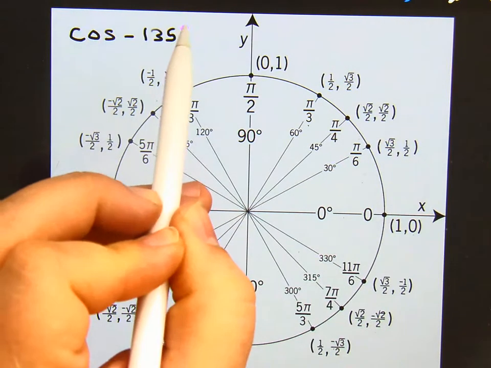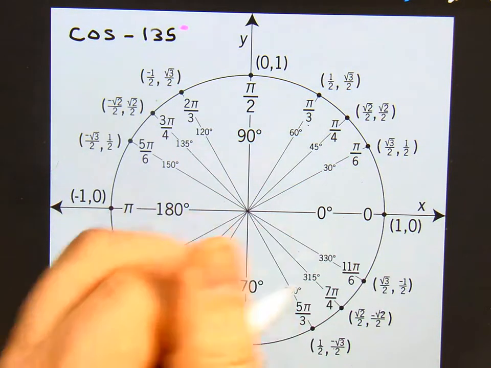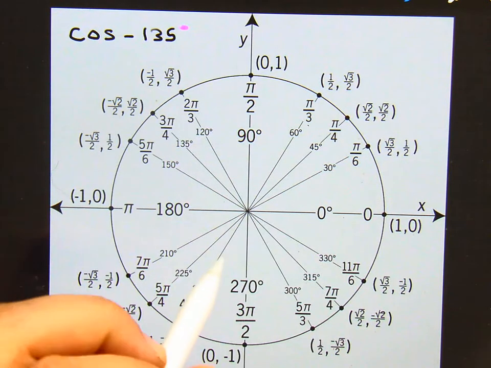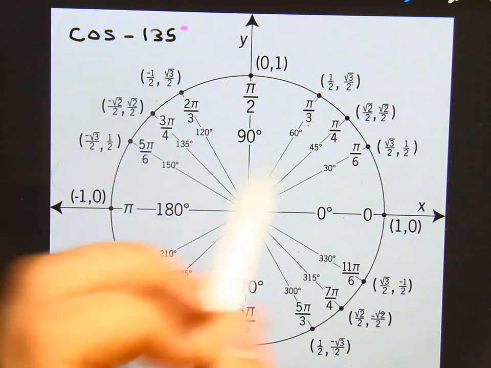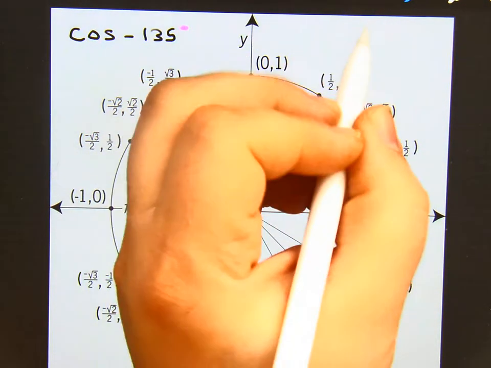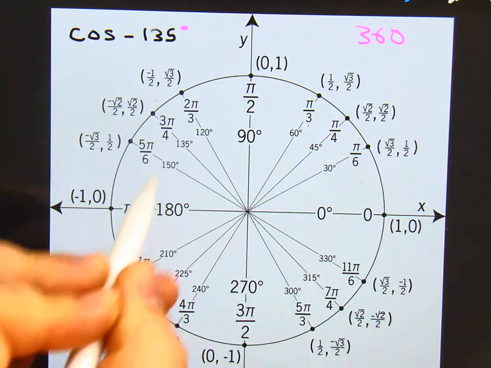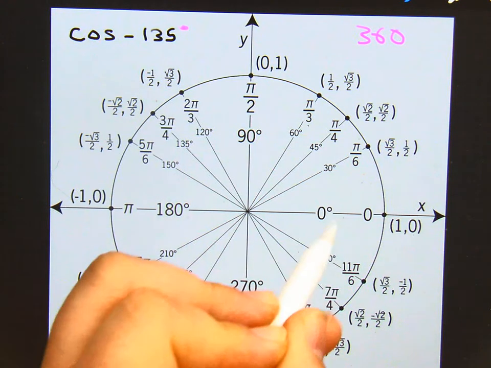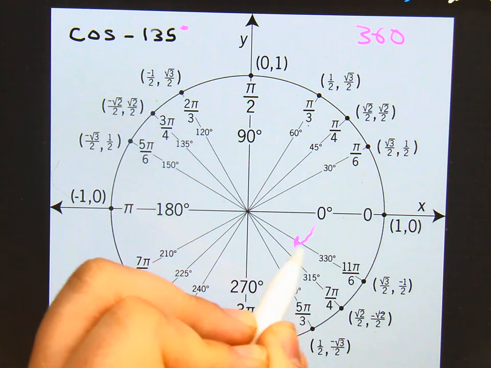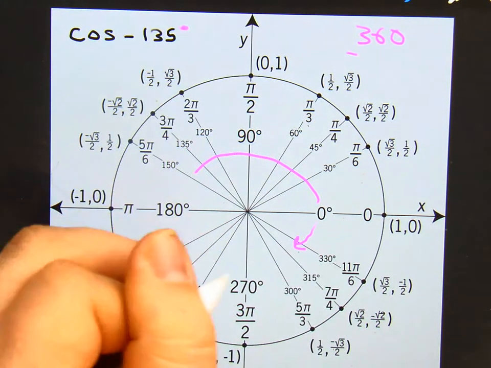So what if they give us a degree? So I have a negative 135 degrees. Again, that means I'm moving this way. There's a couple ways I could do it, but what I'm going to do is find what that positive value is. If I have 360 degrees in a circle, and I need to come back 135 degrees, I'm going negative 135. I want to know what's coterminal, what's going to meet it.